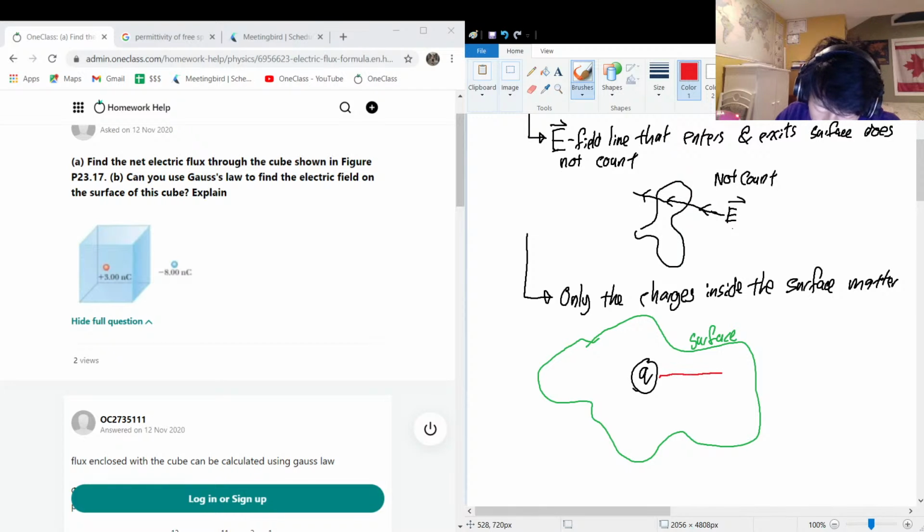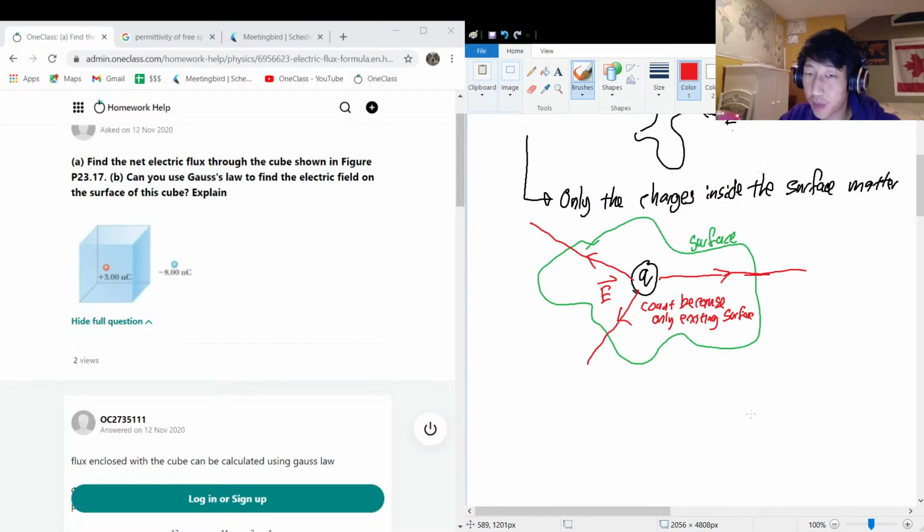Now if we have electric field lines here, you could see how that's only exiting. So they count. Let's call that E fields count because only exiting the surface.